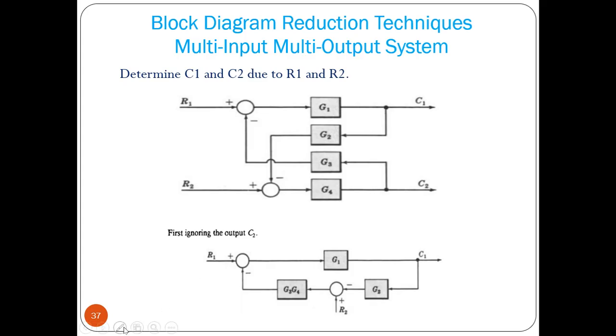Okay, so R1 G1 to output C1. Now let us check our C2 is not there. So R1 G1 to C1, from C1 G2 comes to the summing point here. So R1, C1, feedback path G2 to here.